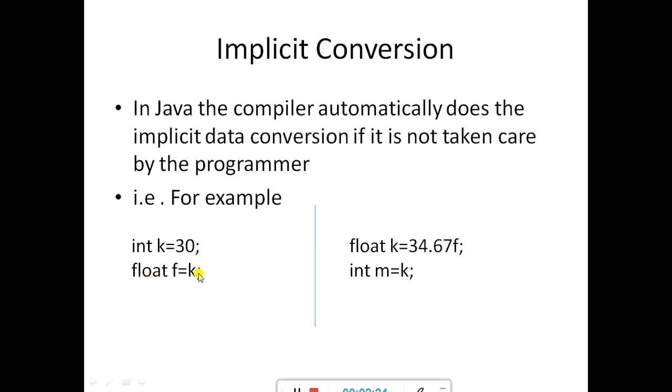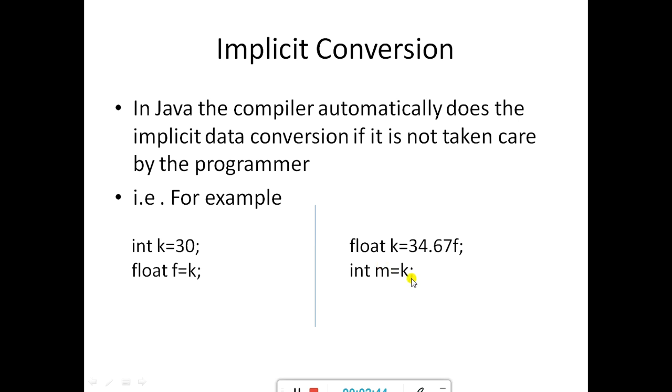Okay, but the vice versa won't happen. That is, if I'm having a float variable having some value and I'm trying to store it into an integer, so float occupies more memory space than the integer. Like float you consider to be a jar of juice and integer is nothing but your glass.